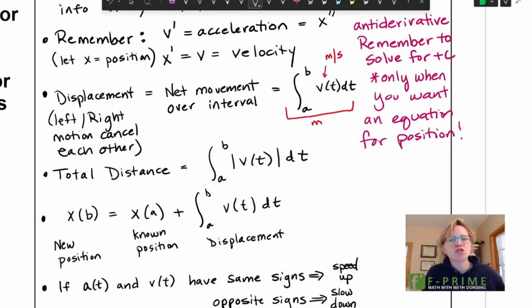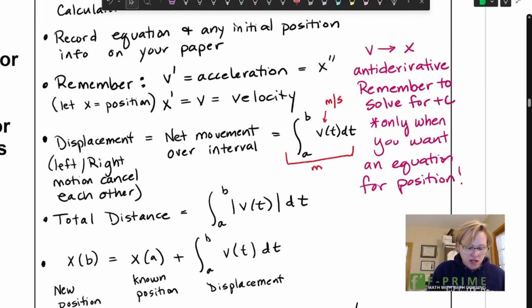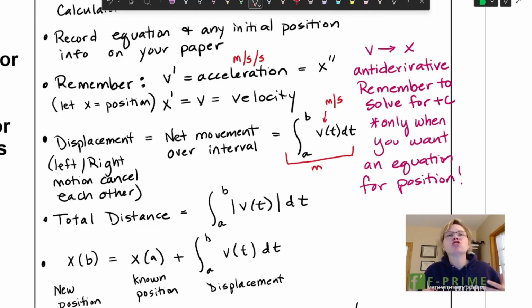So the units are going to shift, and anytime we integrate, we take away a per time, and anytime we do a derivative, we add a per time. So that's why when we see acceleration is going to go meters per second squared. So those units are going to shift every time we do a derivative or an antiderivative.